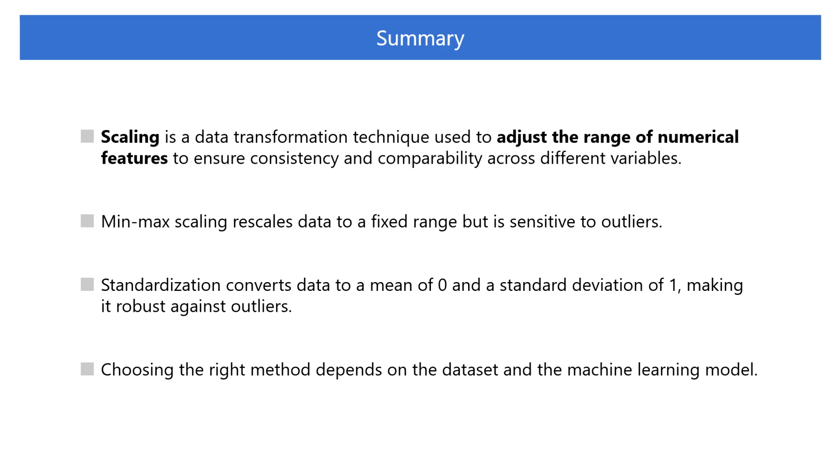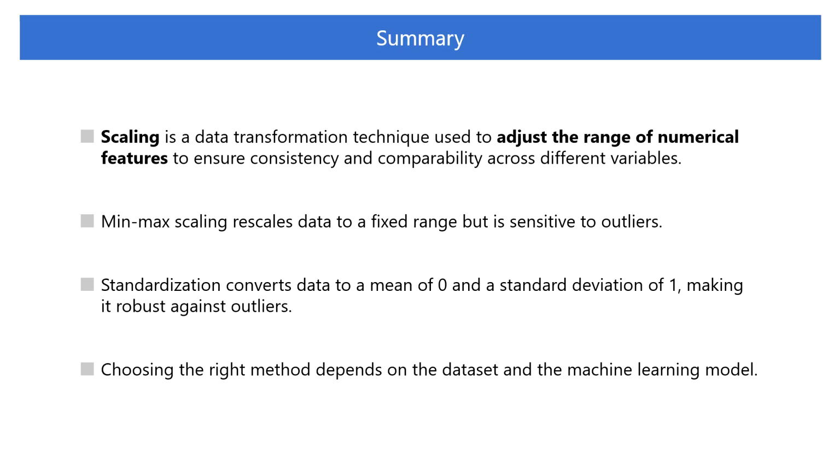Let's wrap up. Scaling is a data transformation technique used to adjust a range of numerical features. Scaling is necessary when the range of values differs significantly, because such differences can lower the efficiency and effectiveness of the model. Min-max scaling and standardization are common methods for scaling.